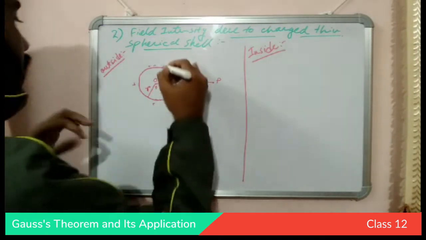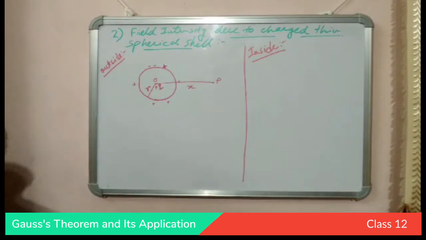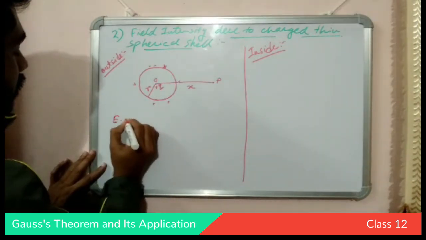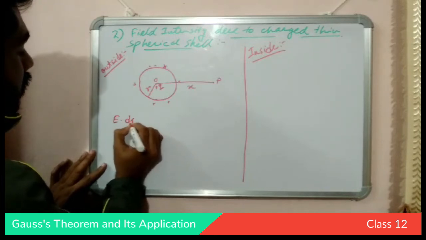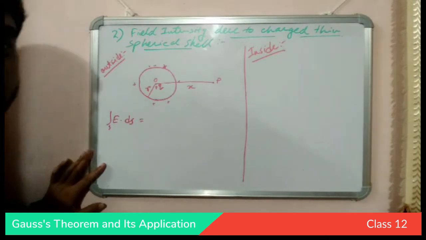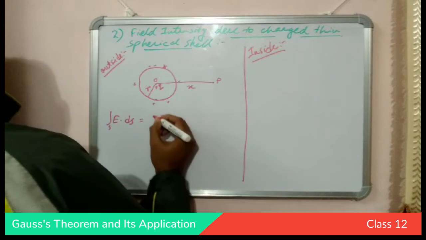So according to Gauss's theorem, we can say that for the surface S, E dot ds is equal to q by epsilon.